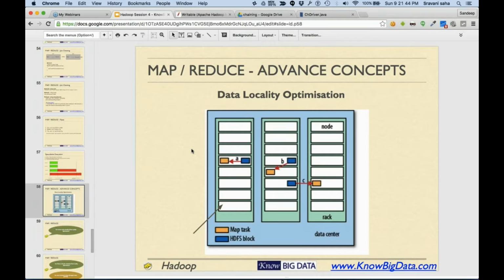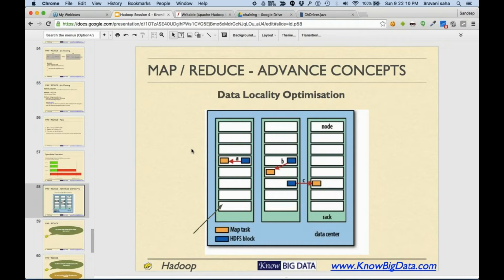Okay. And in the rack, whatever computers you put, all those computers form a local area network. So every rack is a network itself. So the data transfer between two computers on the same rack is faster than the data transfer between computers which are on two different racks.